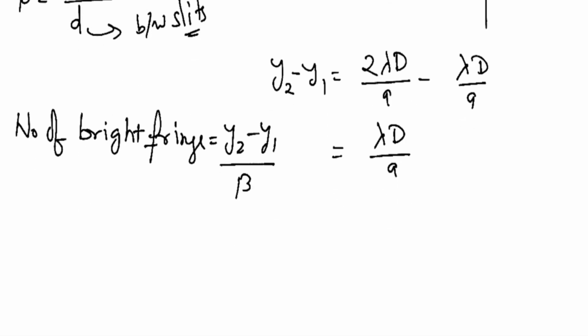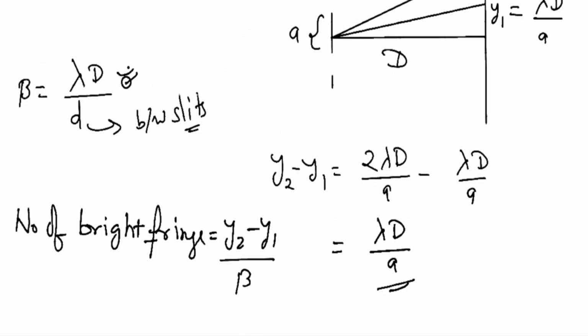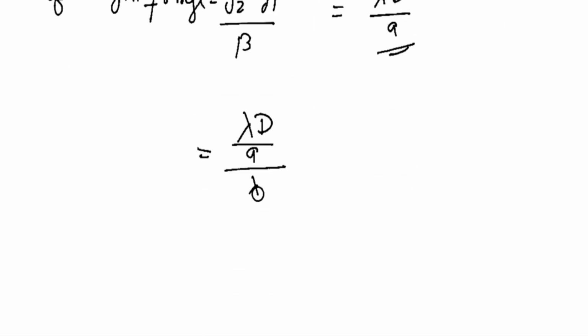So here y2 minus y1 is lambda D by a, and beta is lambda D by d. From this, lambda D and lambda D both cancel out, and d will go up, so it will be d by a. And d and a both are given in the question.